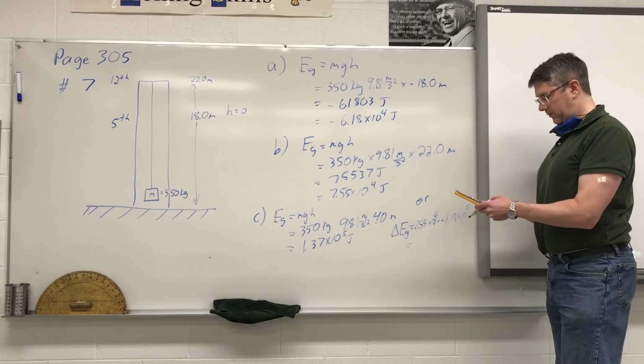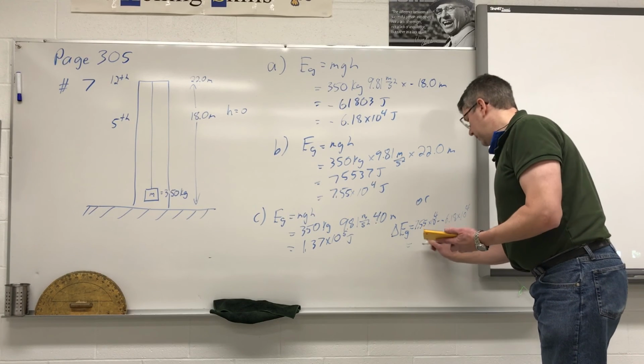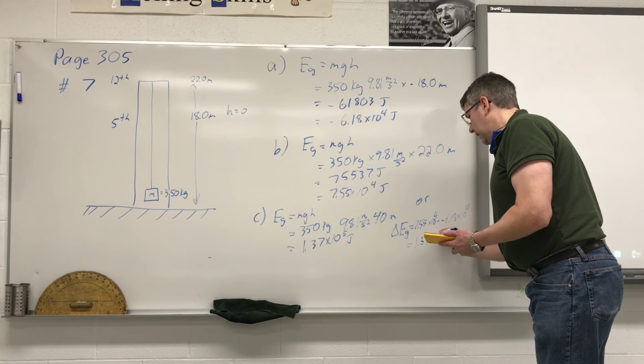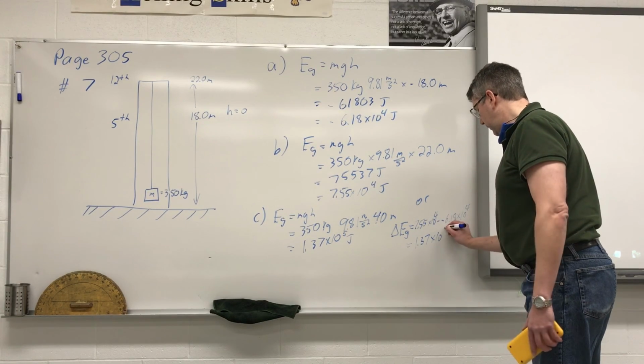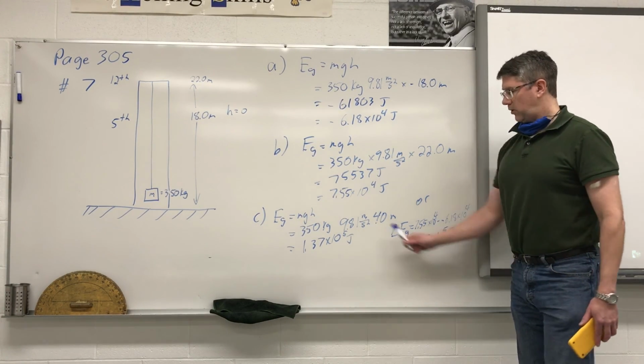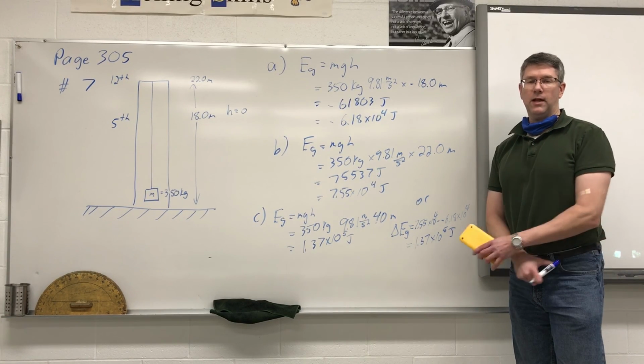And if we go 7.55 times 10 to the power of 4 minus negative 6.18 times 10 to the power of 4, that will also give us 1.37 times 10 to the power of 5 joules. So either way, you can think about gravitational potential energy to calculate it and still get the correct answer.